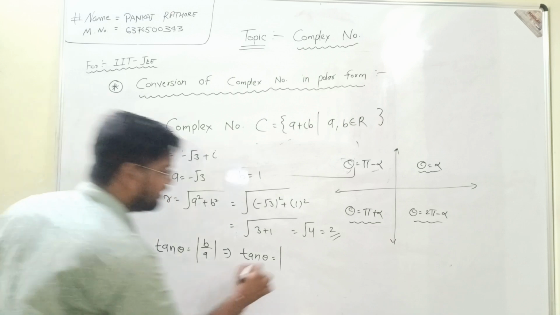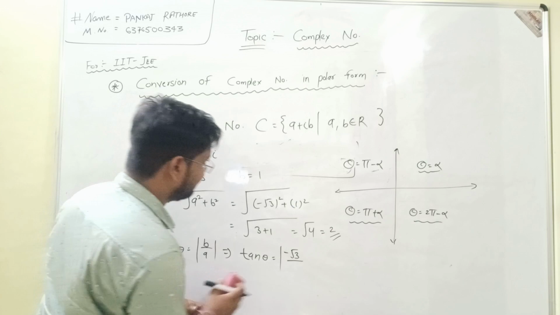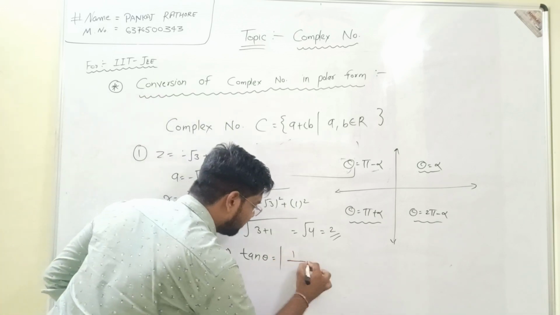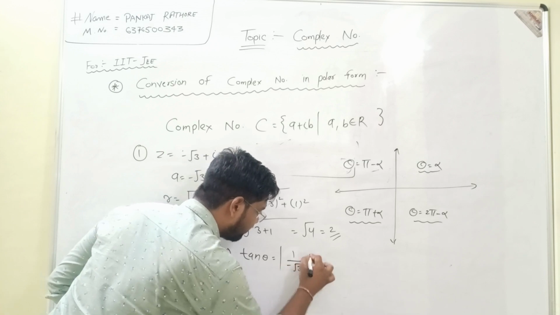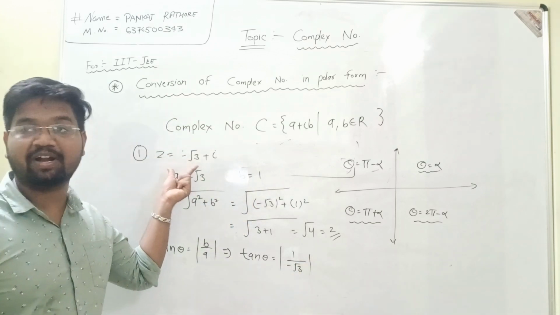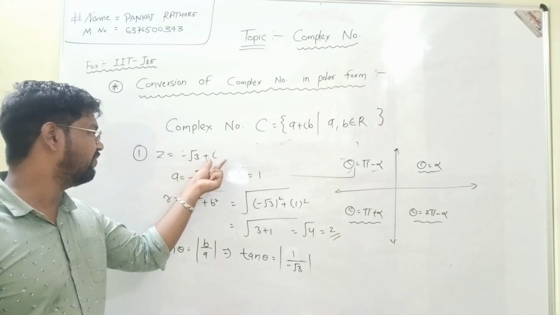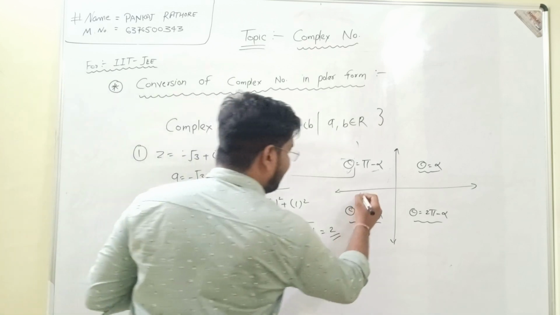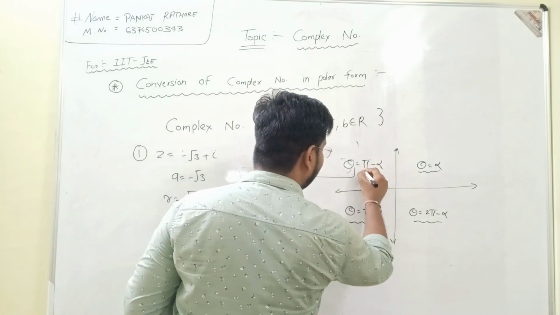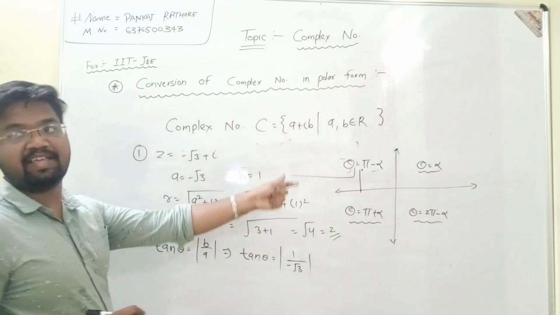It is 1 and the value of a is minus root 3. Now consider which quadrant this number belongs to. Here x is negative and y is positive, so this number belongs to the second quadrant.